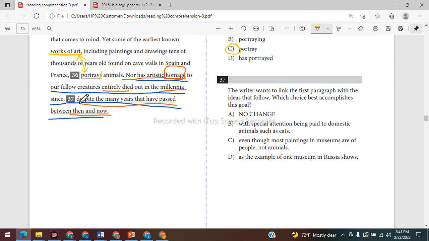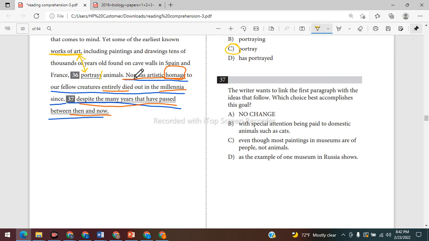Number 37. No change, with special attention being paid to domestic animals such as cats, even though most paintings in museums are people, not animals, as the example of one museum in Russia shows.